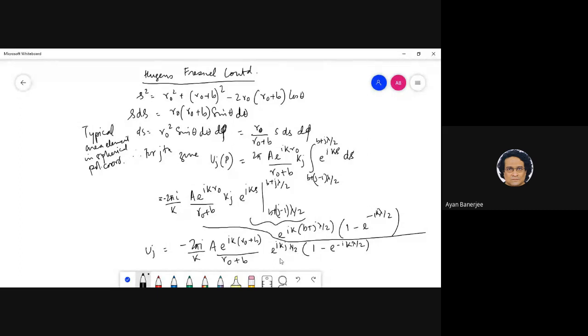So this part will be e to the i pi j into 1 minus e to the minus i pi. The 2 pi by lambda, lambda cancels. And minus e to the minus i pi, its value is basically minus 1.